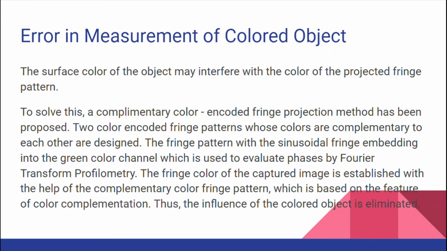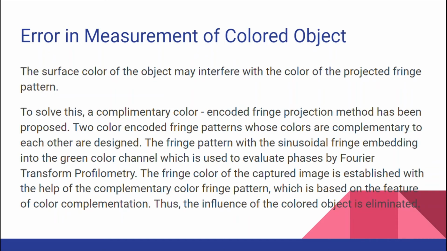Another problem with color fringe projection profilometry is when the color of the object interferes with the color of the projected fringe patterns. To solve this, a complementary color encoded fringe projection method is proposed, in which the complementary fringe pattern is projected on the object to prevent any overlap between the object color and the fringe pattern.